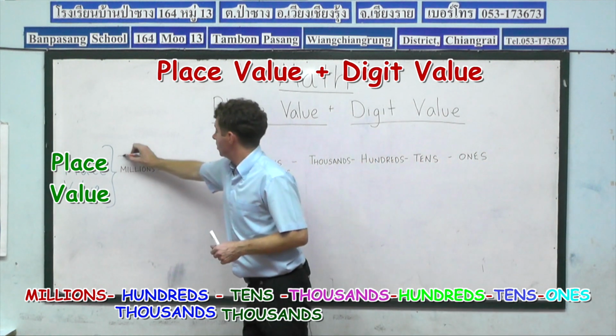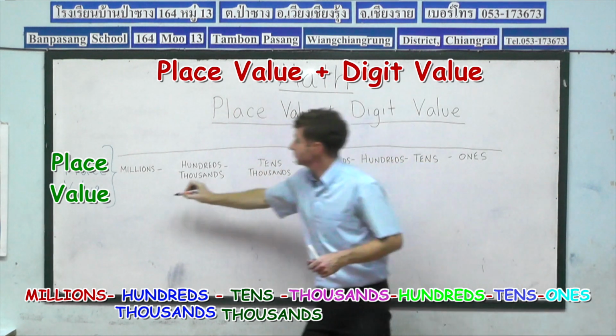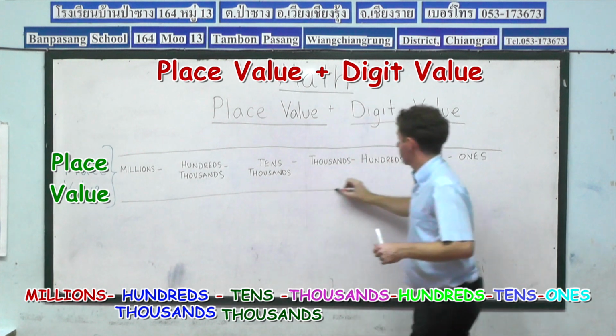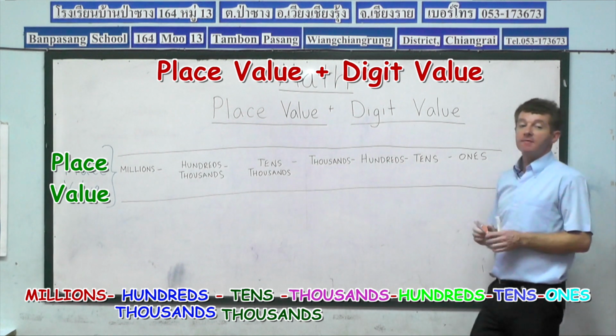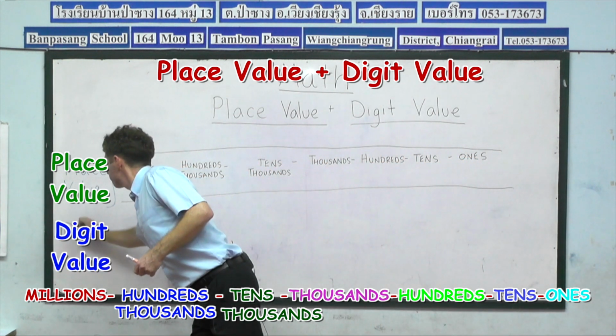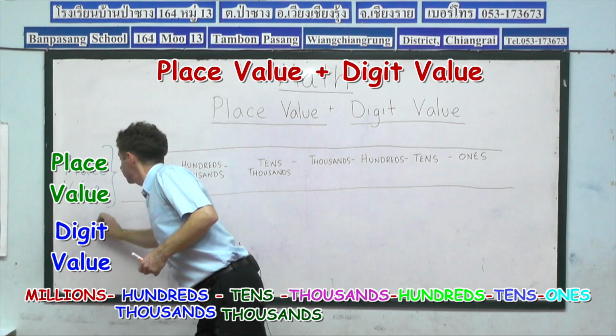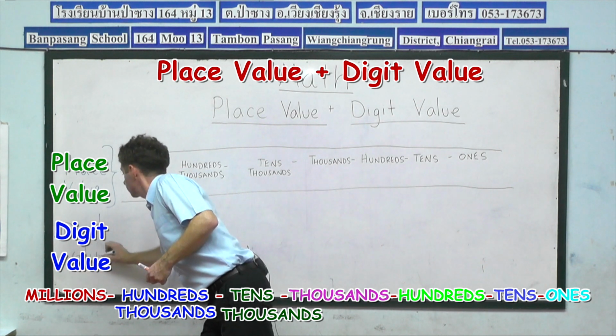So let's draw a column here so we can have our place value. And what's the next thing we need to work out, guys? Digit value. D-I-G-I-T. Value, V-A-L-U-E.